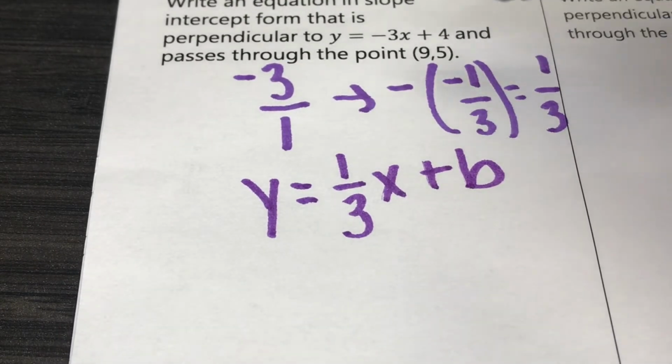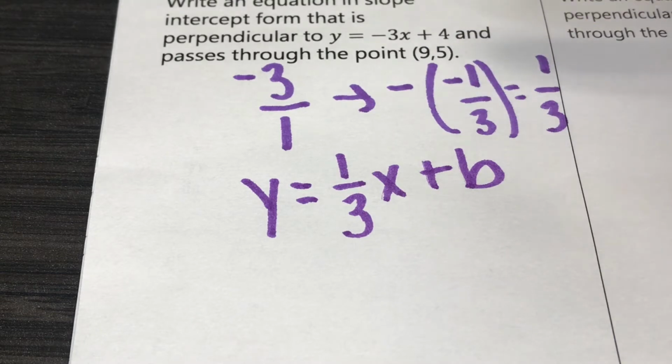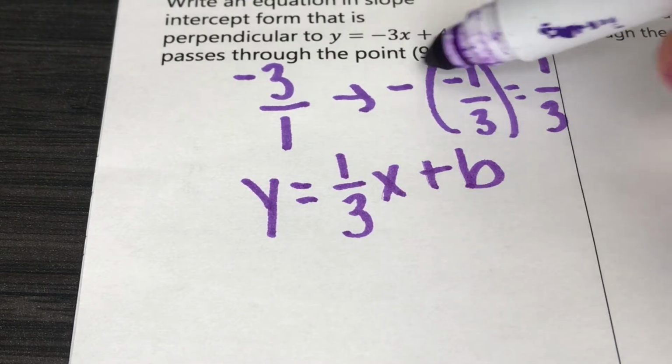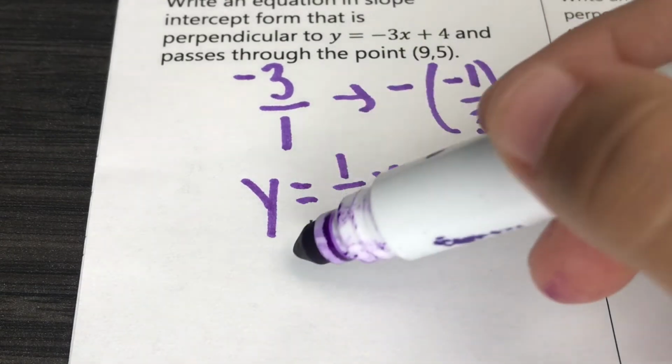We want to know the perpendicular line that passes through 9, 5. So now I'm going to plug in 9 for x and 5 for y.